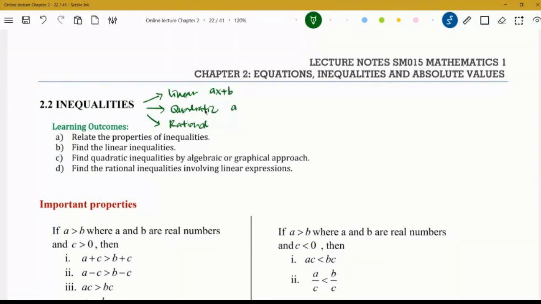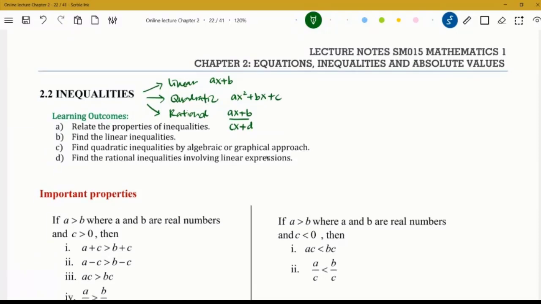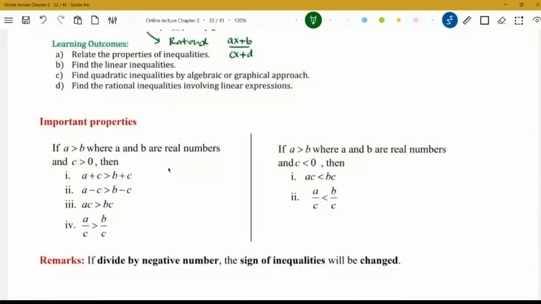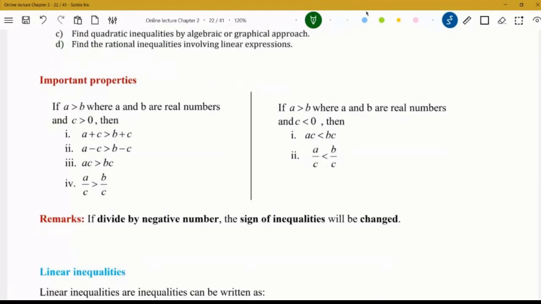Quadratic, which is ax squared plus bx plus c. Rational adalah fraction, ax plus b over cx plus d. Okay, that's the difference between linear, quadratic and rational function. Okay, so we move to linear function first. Okay, so kita tengok pada linear terlebih dahulu. So yang paling penting adalah pada bahagian ini.